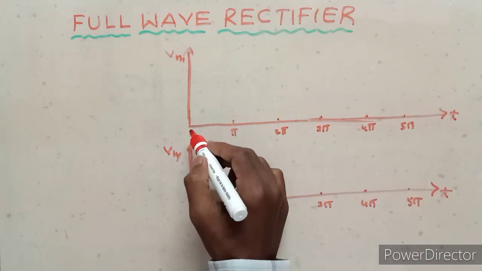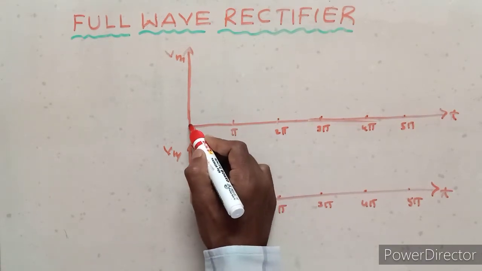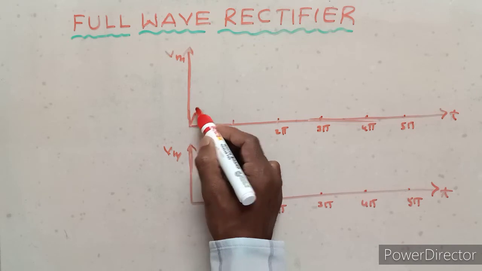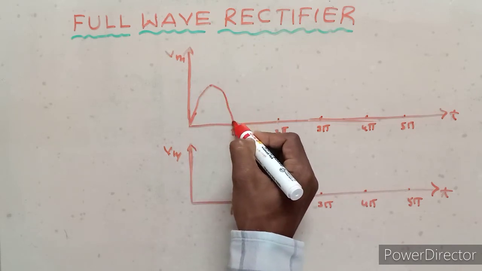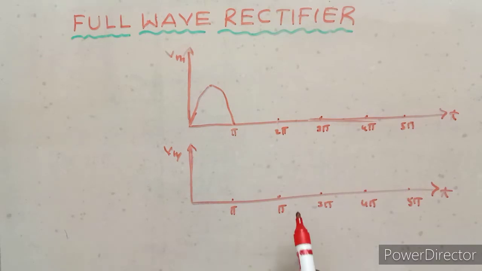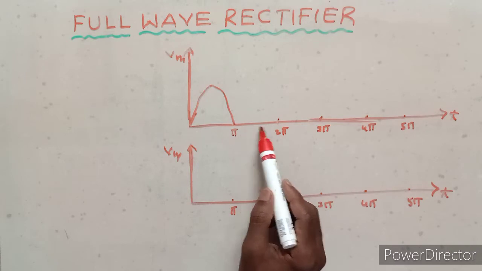Okay, in the first half cycle there is forward bias, so current can flow, and in reverse bias current does not flow.